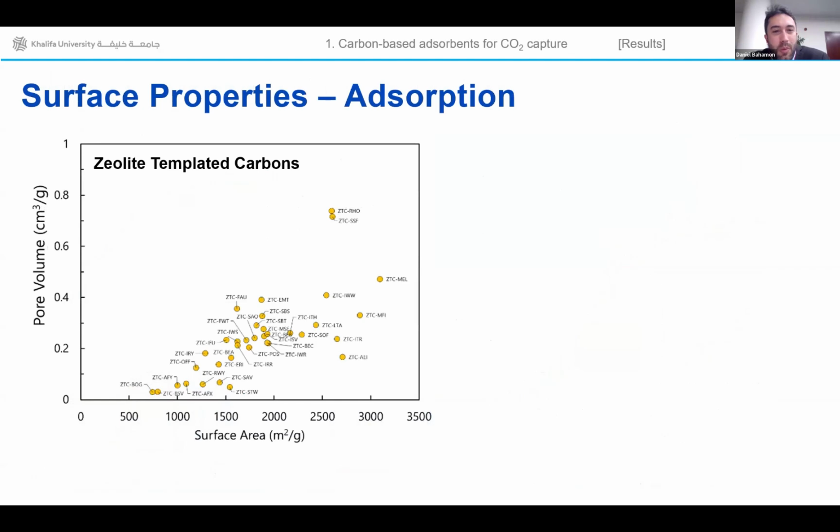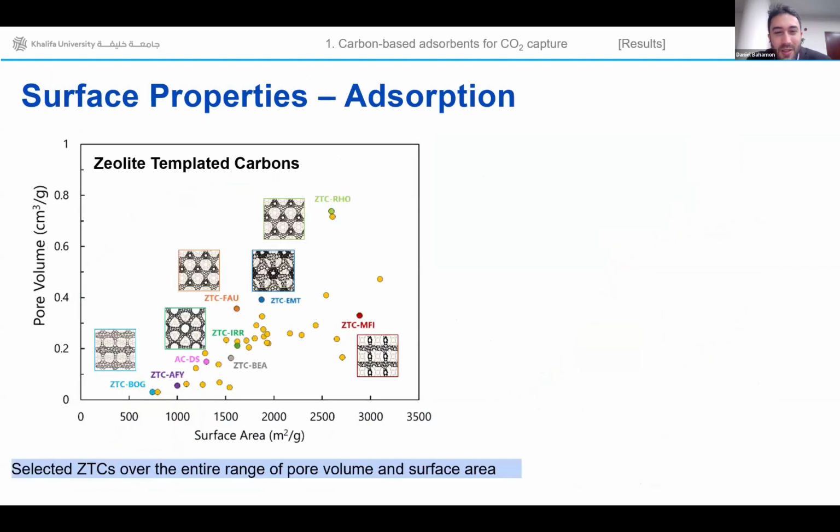Now, in order to explore the different ZTCs available, since the list of zeolites reported in literature is more than 30, what we did was basically to explore the whole range and select some specific materials, some specific structures, trying to cover the whole range between pore volumes and surface areas.